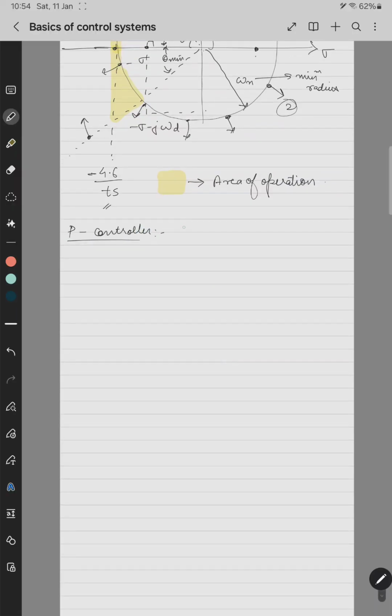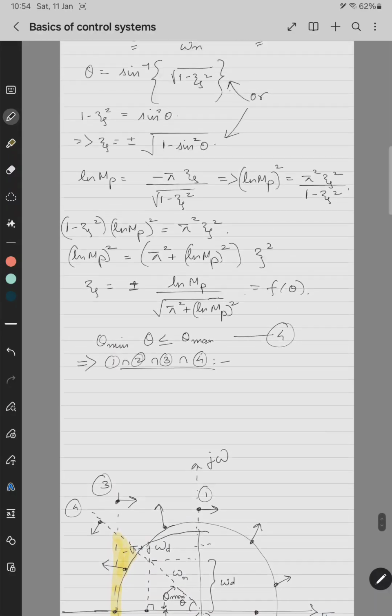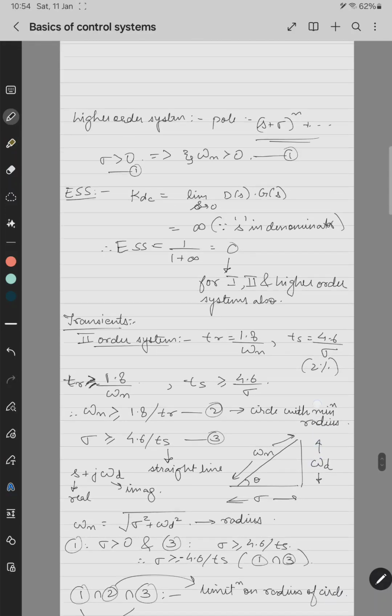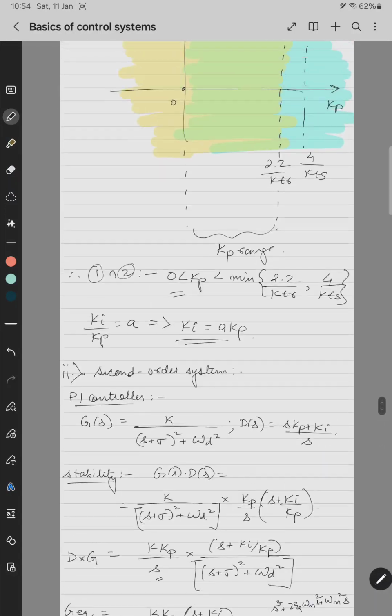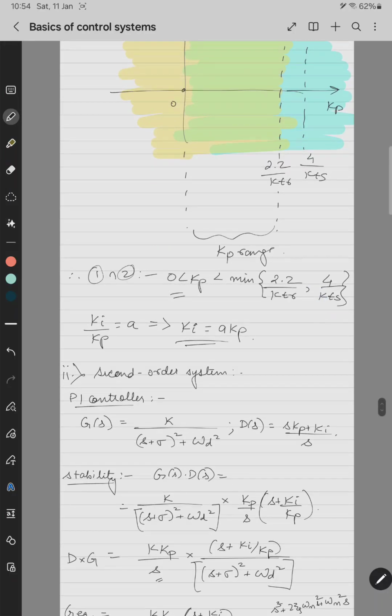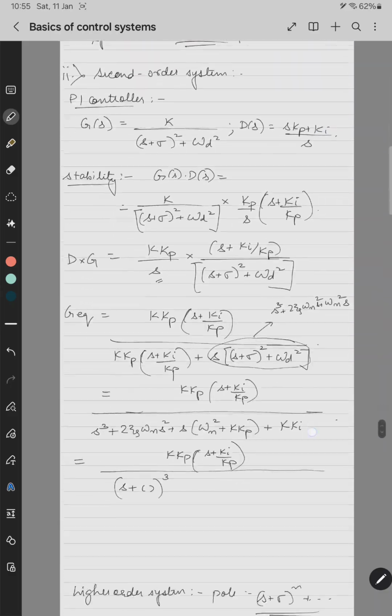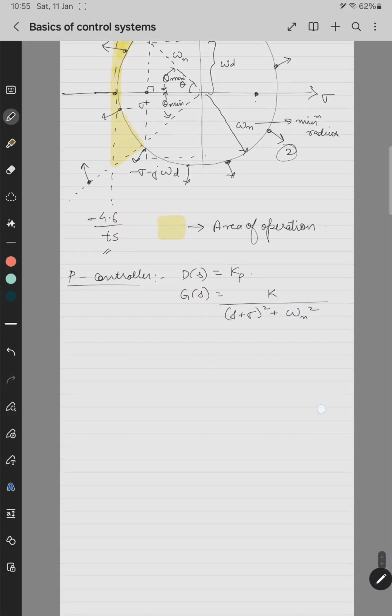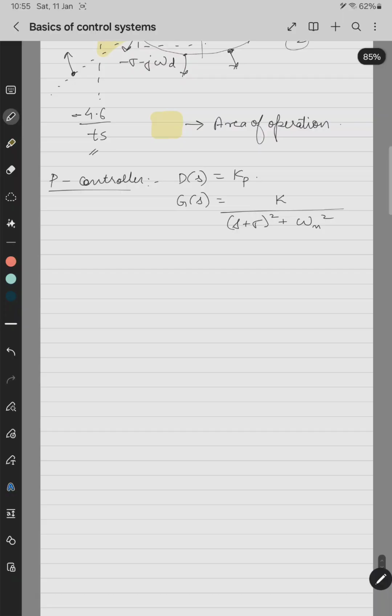In the P controller, D of S is Kp and the plant transfer function is K divided by (S plus sigma) whole square plus omega d square. This is the plant, a second order plant.